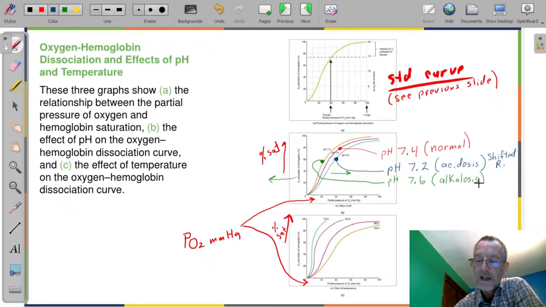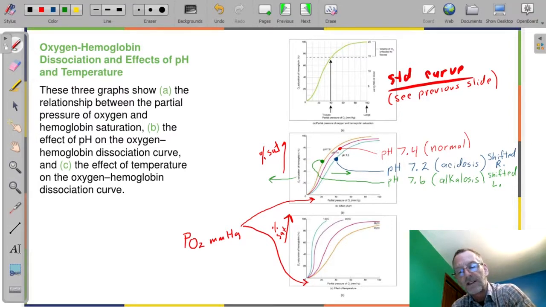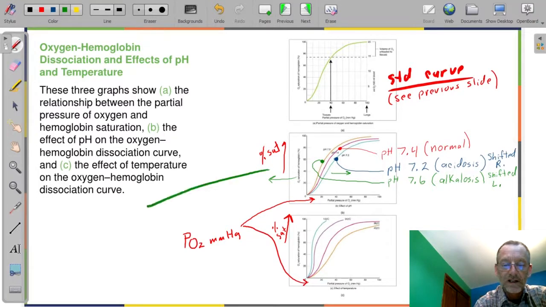Shifted right, and the green line has shifted to the left of normal. Shifted left. So which one of those has a higher affinity? Under which condition will oxygen come off of the hemoglobin? Well, let's look at that where we have a little bit more room to get the idea on how to look at that.